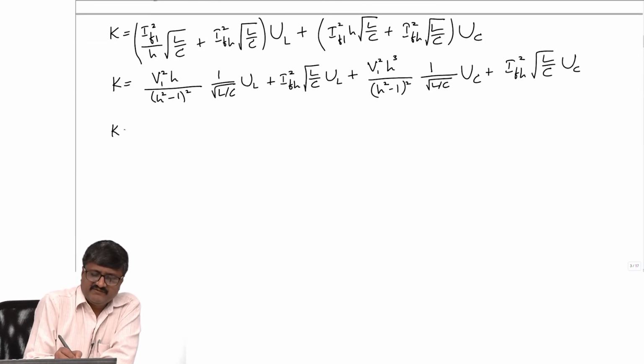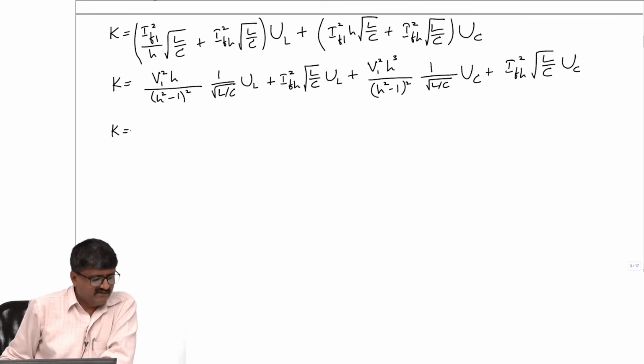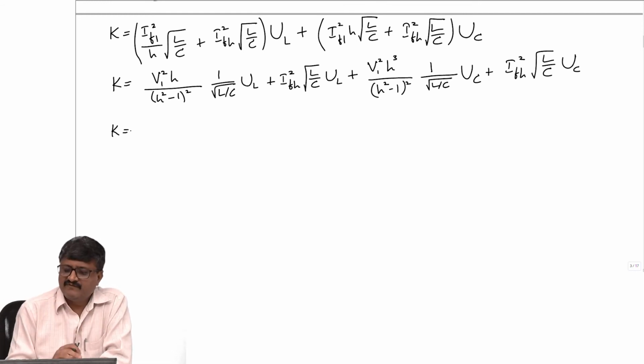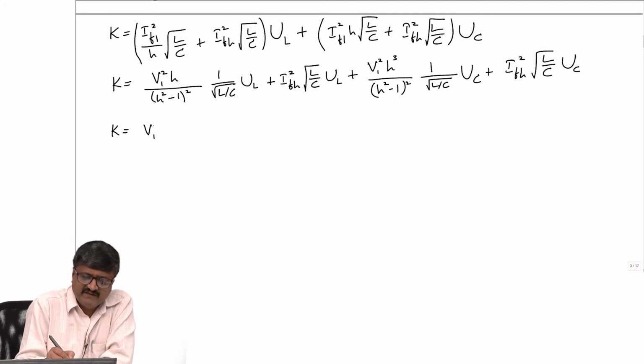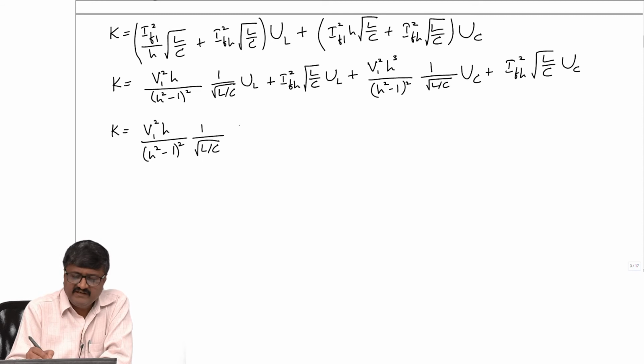So, I will try to simplify this. I will try to take the terms coming from the fundamental together. So, they have a common factor, V1 squared H divided by H square minus 1 whole squared into 1 by square root of L by C into UL plus H squared UC.